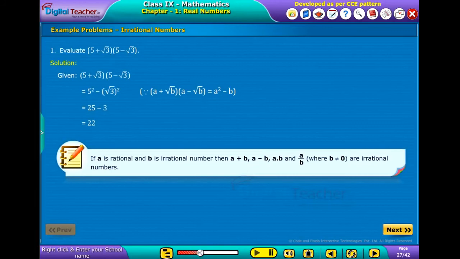Note, if a is rational and b is an irrational number, then a plus b, a minus b, a into b and a by b, where b is not equal to 0, are irrational numbers. Evaluate root 3 plus root 4 whole square.